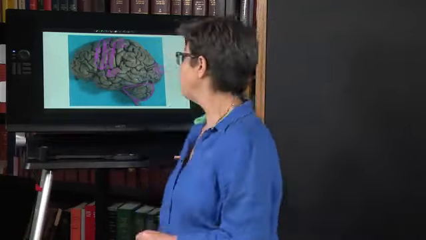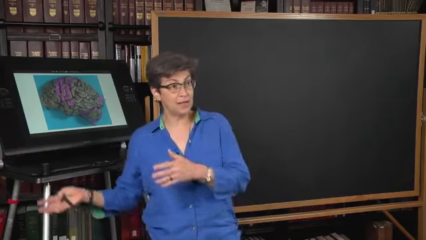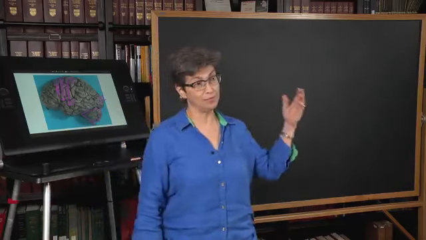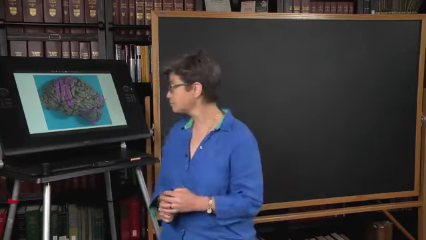The left motor cortex moves the right hand, and the right motor cortex moves the left hand. The somatosensory information comes in, so the left cortex gets information from the right side of the body, and the right cortex gets information from the left side of the body.